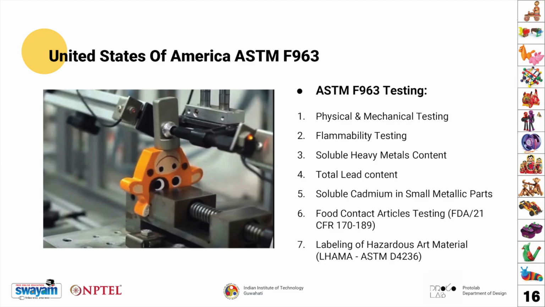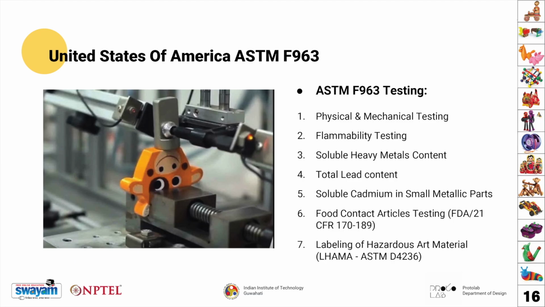Third, soluble heavy metals content. This test measures the presence of harmful heavy metals such as lead, mercury, arsenic, and chromium that could leach out if a child chews or ingests toy components. Fourth, total lead content. Total lead testing ensures that overall lead concentration in toy materials remains within permissible safety limits.